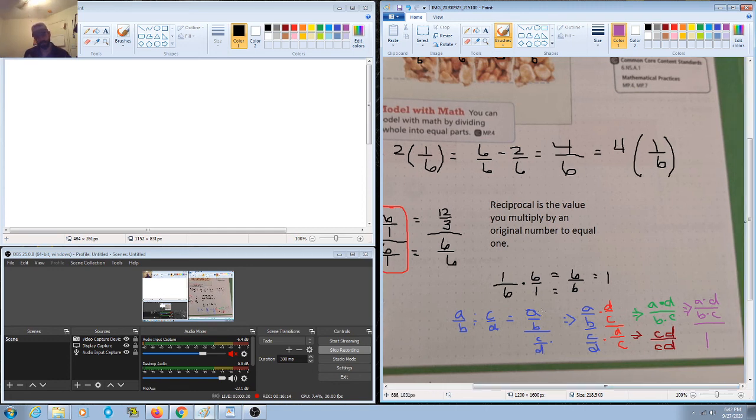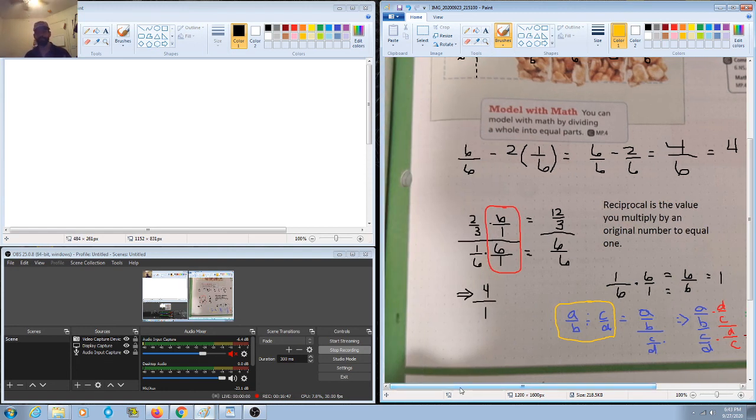So this algebra just shows us that if we divide two fractions, this is the same as multiplying by the reciprocal, because originally we did A over B divided by C over D, and our resultant ended up being A over B times D over C, and D over C again is that reciprocal of C over D. And that's the strategy that we're going to use going forward.